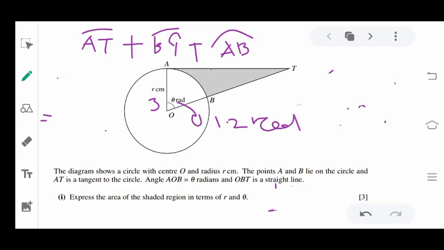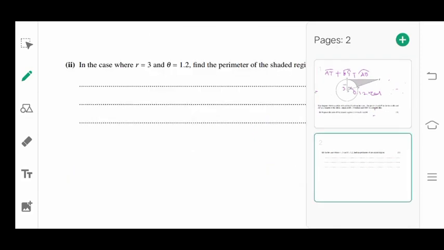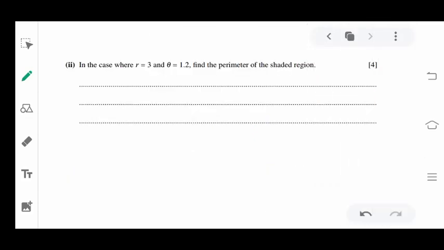Yes, so let's go for the length AT. Look, in the first part of the question, we found out the value of AT as r tan theta.